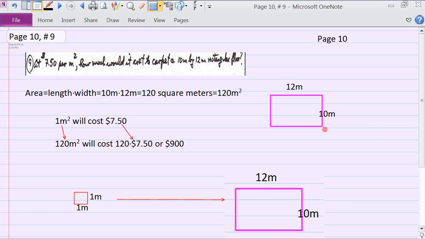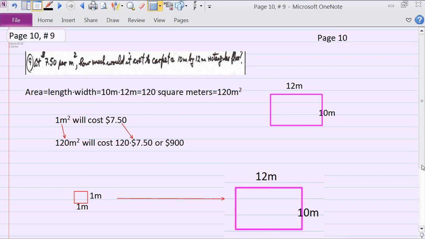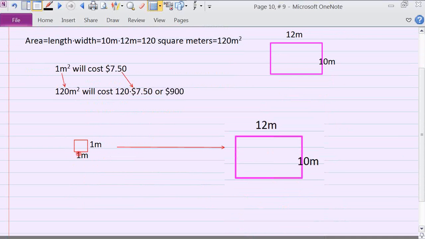So here, this is just to give you a picture of what the carpet looks like. It's 12 meters by 10 meters, and that represents 120 meters squared. And here, to visualize, it's not perfectly to scale. Here's a small piece of carpet that would cost you $7.50, because that's what you're told in the problem.